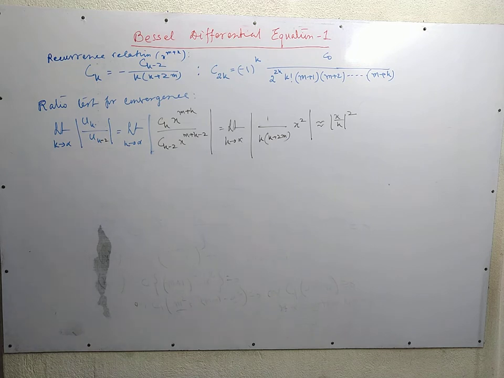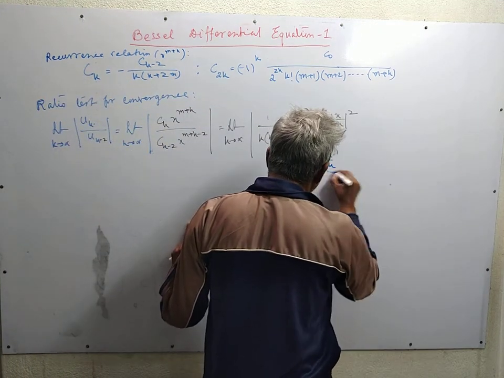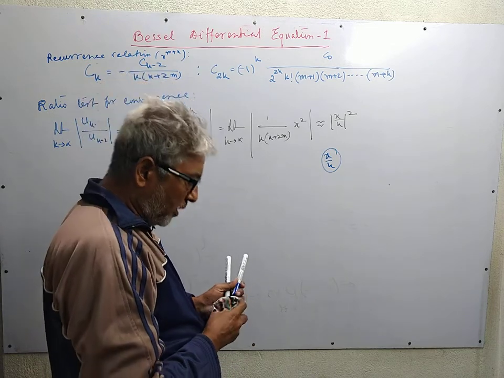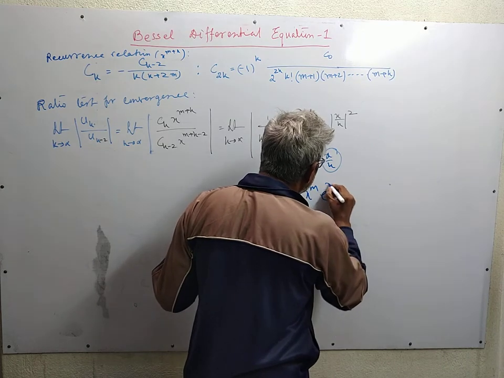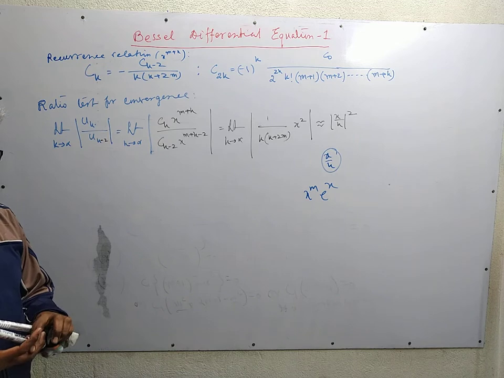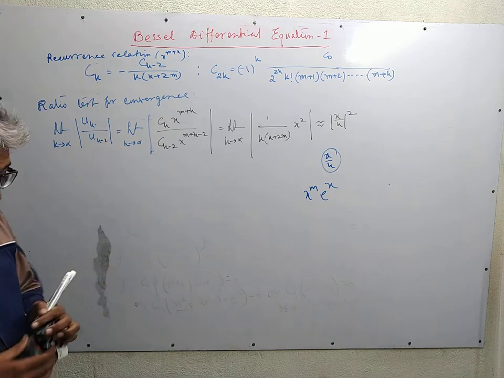It is a convergent quantity. We may argue that we obtained a behavior like x by k in the case of Lagrange differential equation, and by comparison with the series x to the power m e to the power x, we concluded that the solution of Lagrange differential equation had an asymptotic divergence.